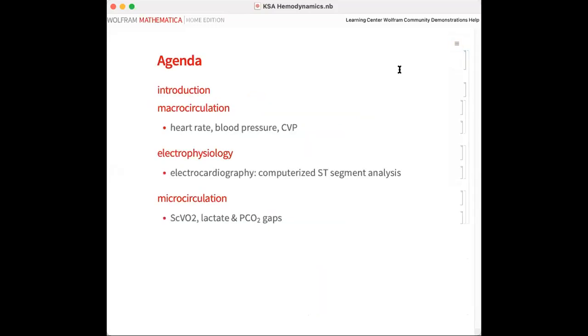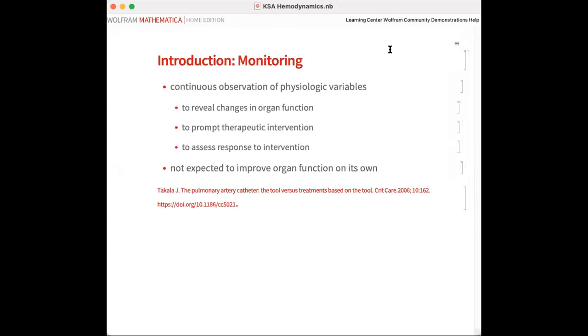So the agenda for today, of course, will be introduction, and then we look at macrocirculation. We look at a bit of electrophysiology, and we look at microcirculation. So what is monitoring?